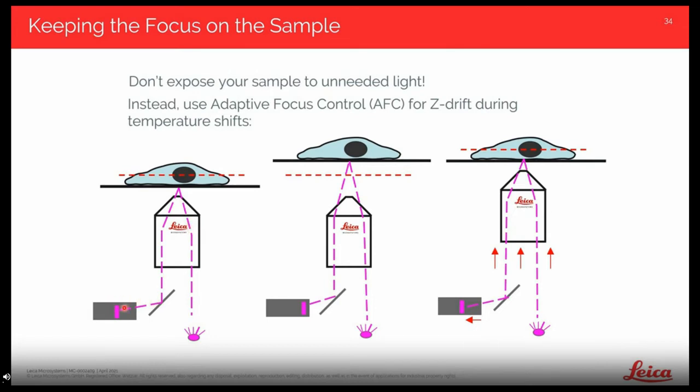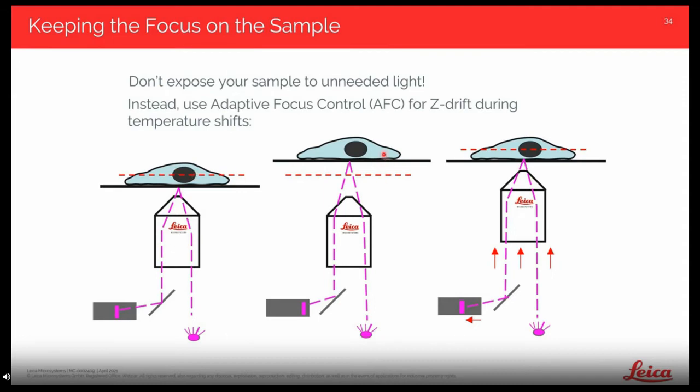So being far red, it does not expose your sample to unneeded light. It looks for the back reflection off of your sample. It works with air and multi-immersion objectives, so you are not restricted to air or oil. You can bridge all of those.